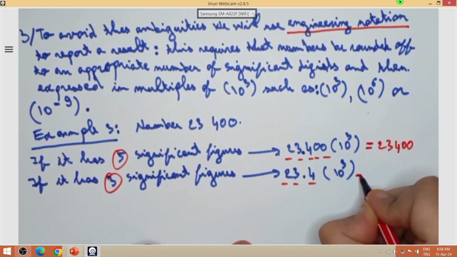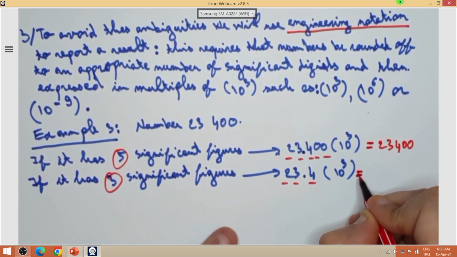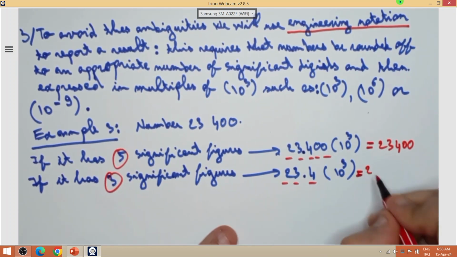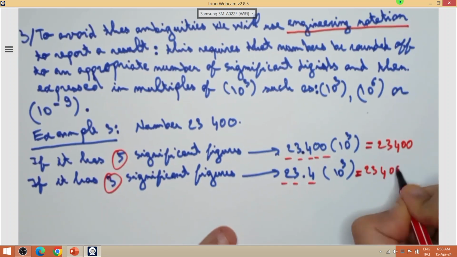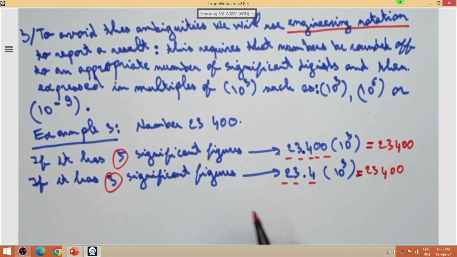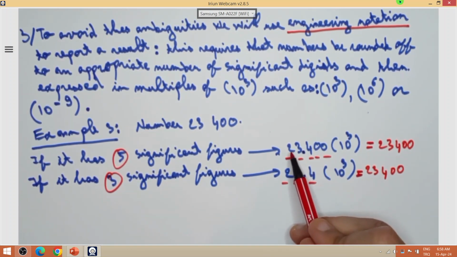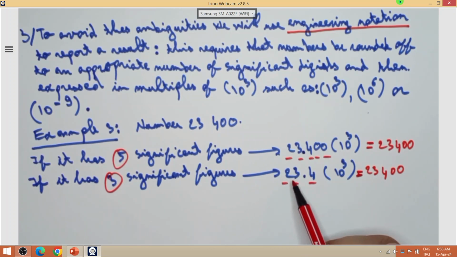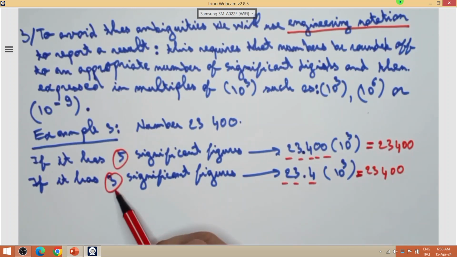And in the same way, the other notation gives the result 23,400. The only difference in these two writings is that in the first we wrote the number 23,400 using 5 significant numbers, but in the second way we wrote it using 3 significant numbers, which is 1, 2, 3.